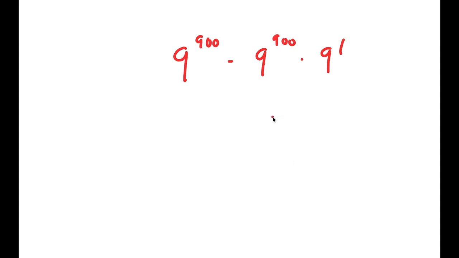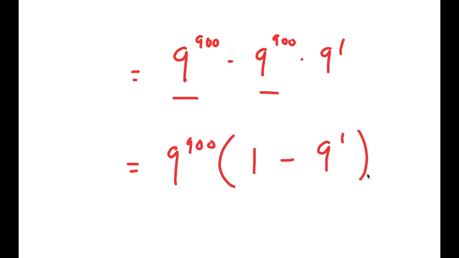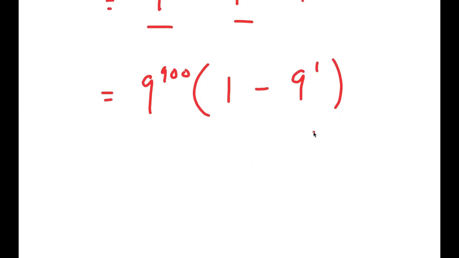Now from here, these two terms have the number 9 to the power of 900 in them. So I'm going to factor out 9 to the power of 900, which is what I said I was going to do at the beginning of the video. So now I get 9 to the power of 900 times 1 minus 9 to the power of 1. And this is equal to 9 to the power of 900 times 1 minus 9, because 9 to the power of 1 is the same thing as 9.